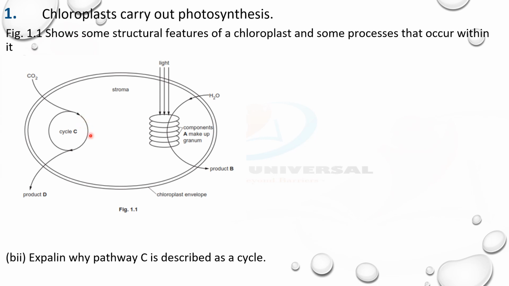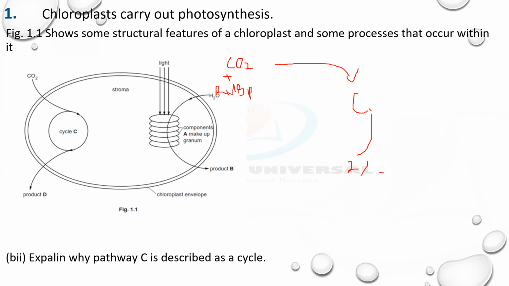Remember the first reaction of this, how CO2 combines with RuBP, ribulose bisphosphate. That forms a 6-carbon compound, which gives us 2GP.